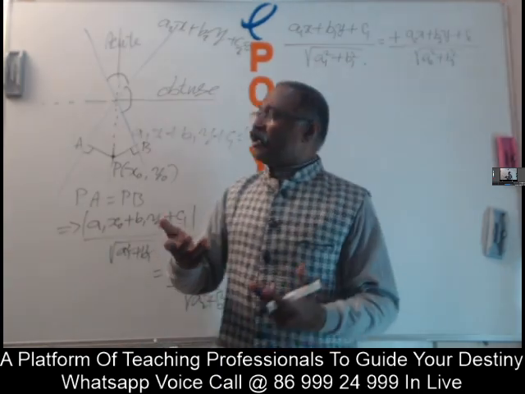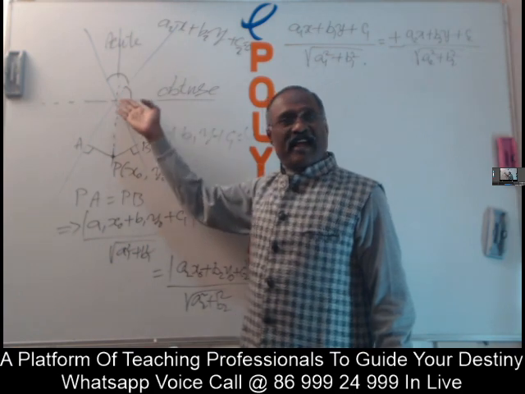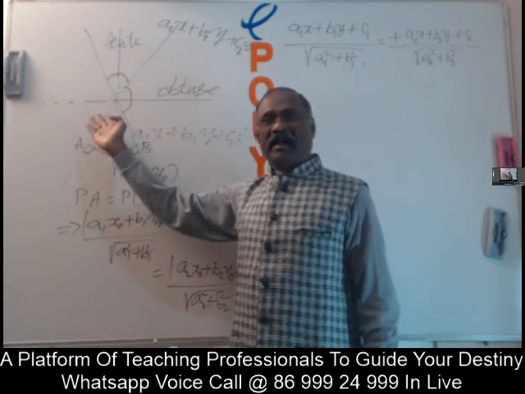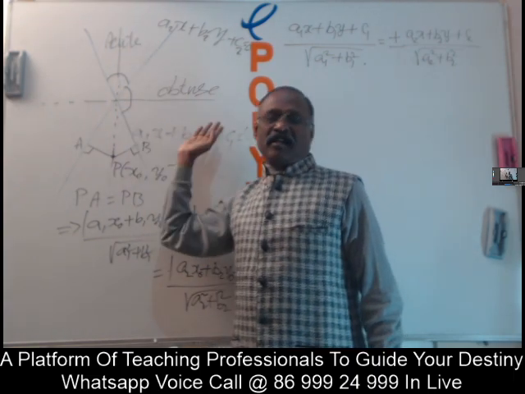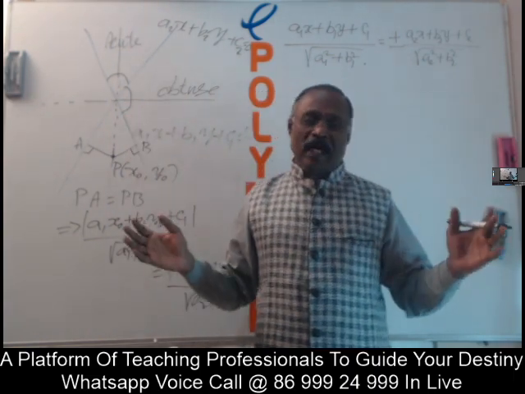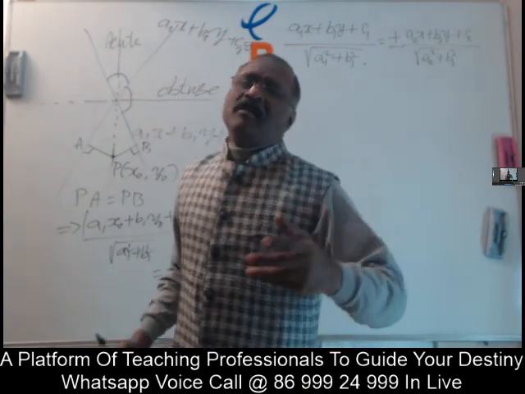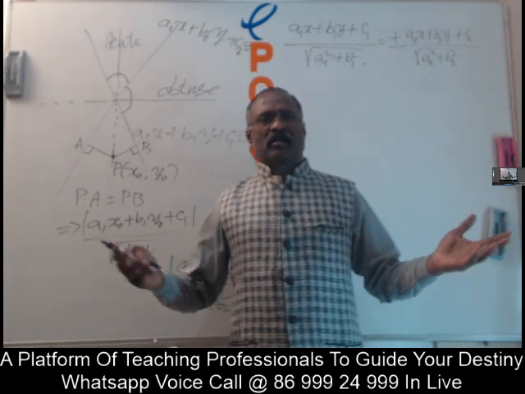But whether by taking plus you get the acute angle bisector or obtuse angle bisector, and by taking minus whether you get the acute or obtuse angle bisector, we don't know that. Generally, in the board level, you will not have any questions on this concept.